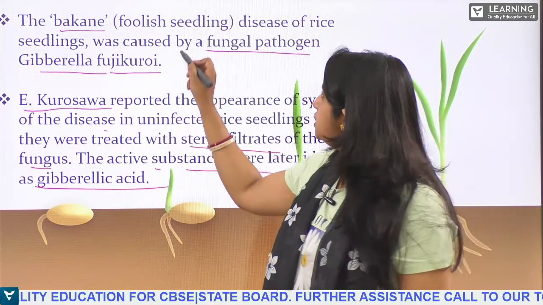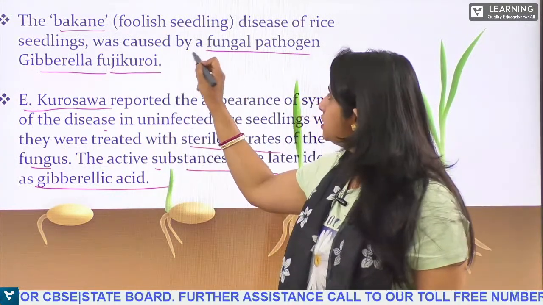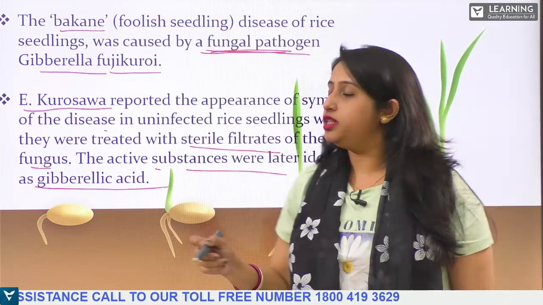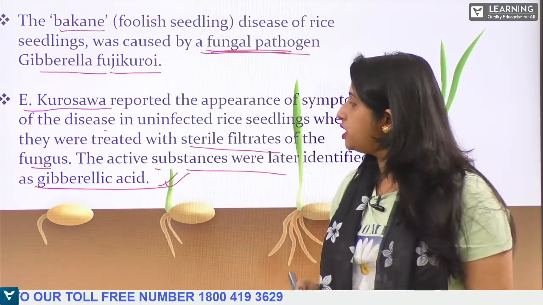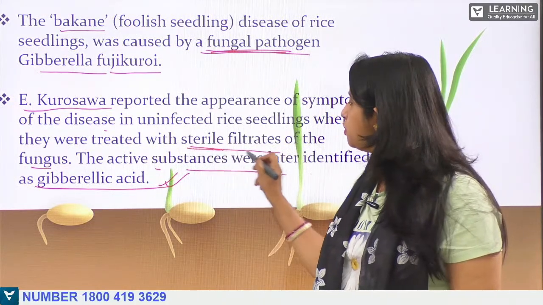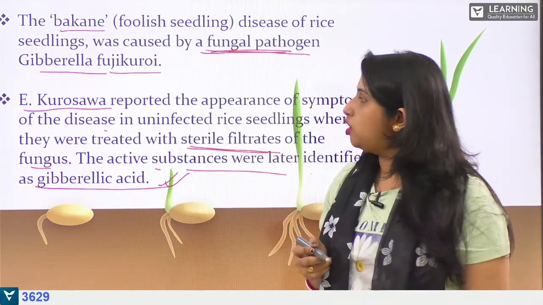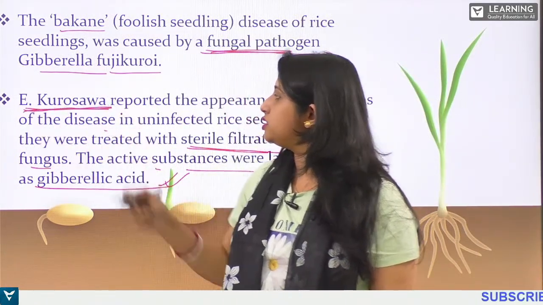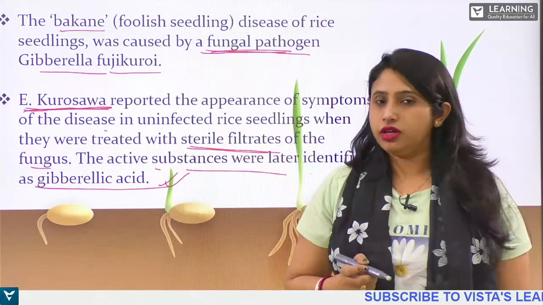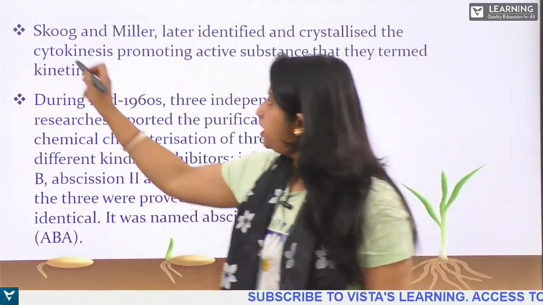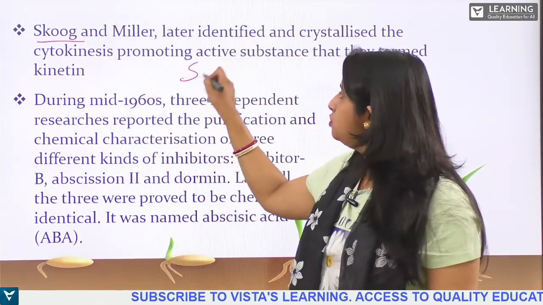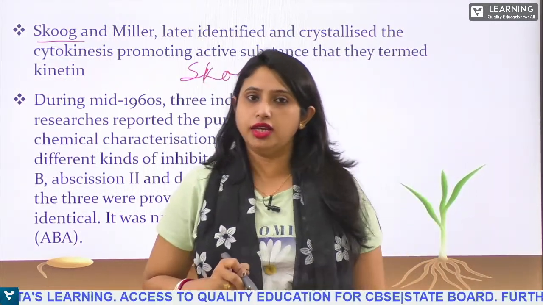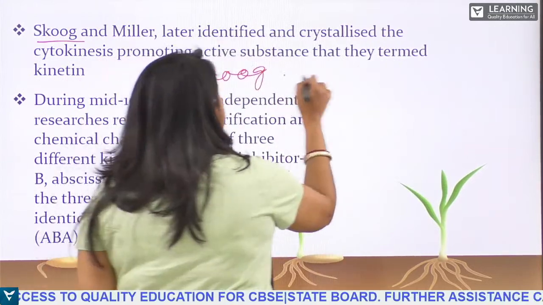So he is the scientist who discovered gibberellic acid, Kurosawa. Next, another scientist, Skoog, discovered cytokinin.